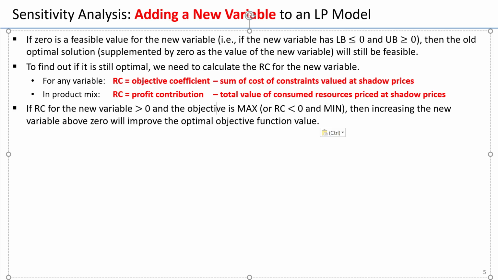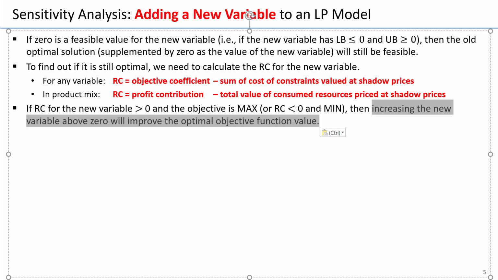It indicates that if we were to increase this new variable above 0, for example, by pushing its lower bound 0 up, we would improve the optimal objective function value, right? Positive reduced cost means increasing the variable by 1 will increase the optimal objective function value by the reduced cost. This is the marginal value of increasing the variable, right?